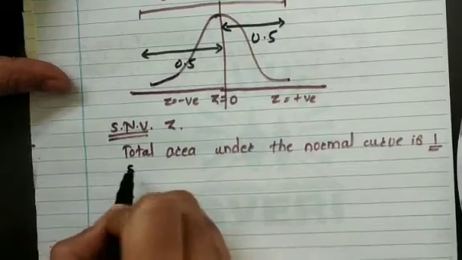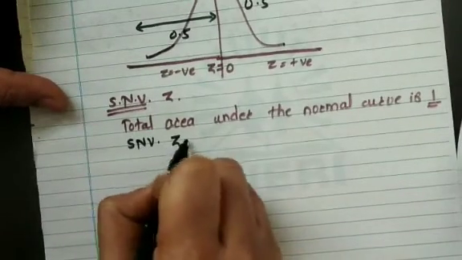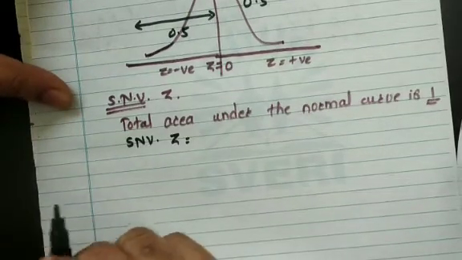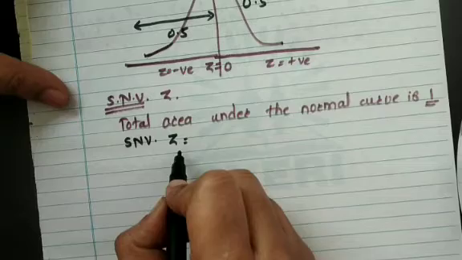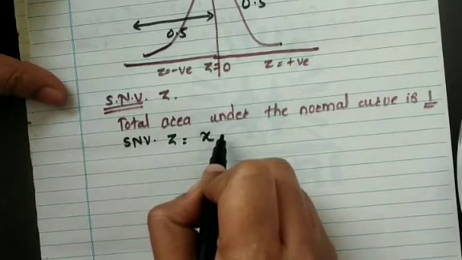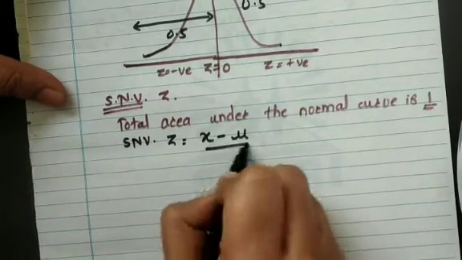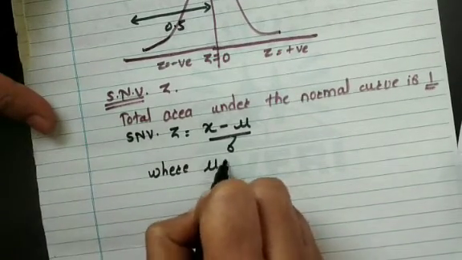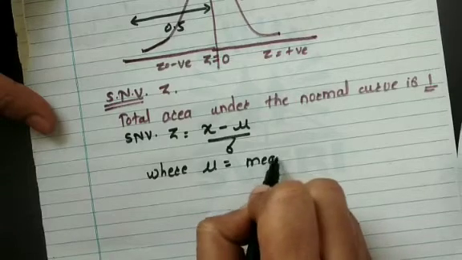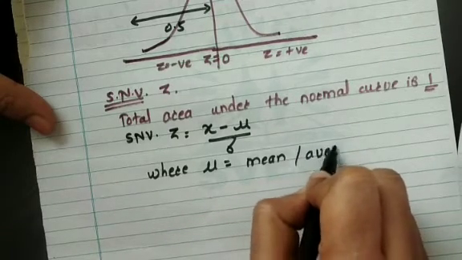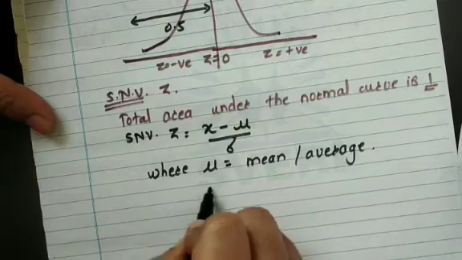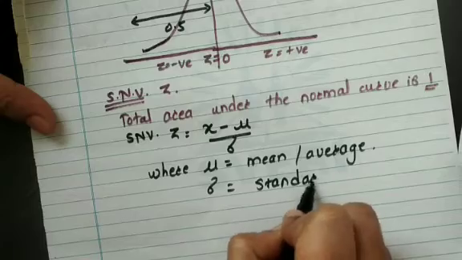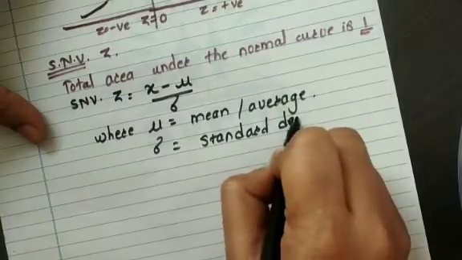Now the standard normal variable z can be defined as follows: we have the data in x and we are converting it to z. The formula is z is x minus mu upon sigma, where mu is mean, or we can say average, and sigma is standard deviation.